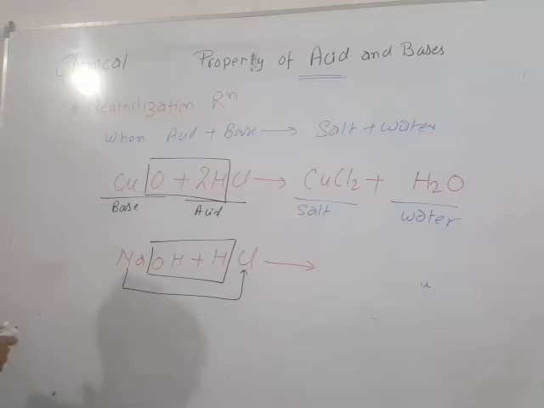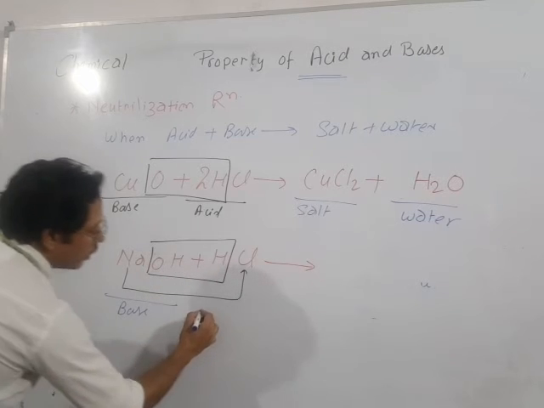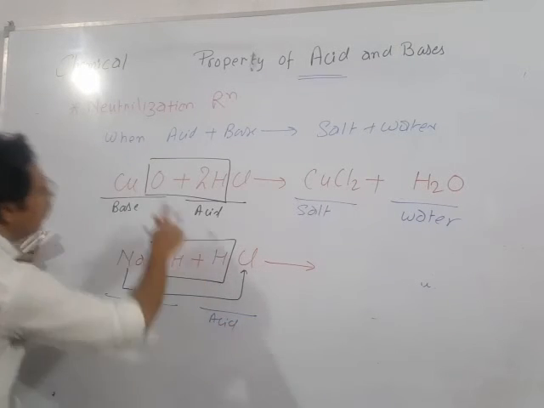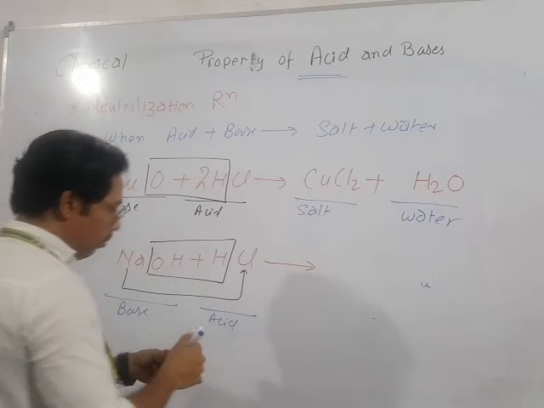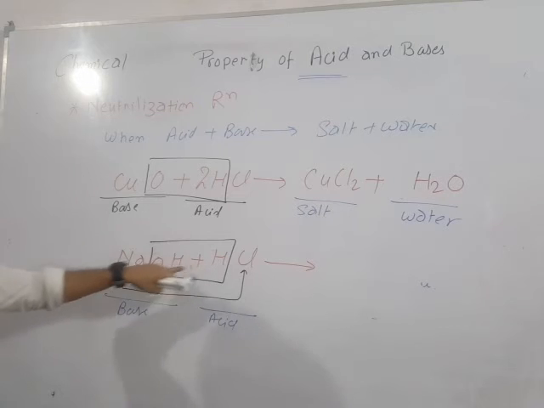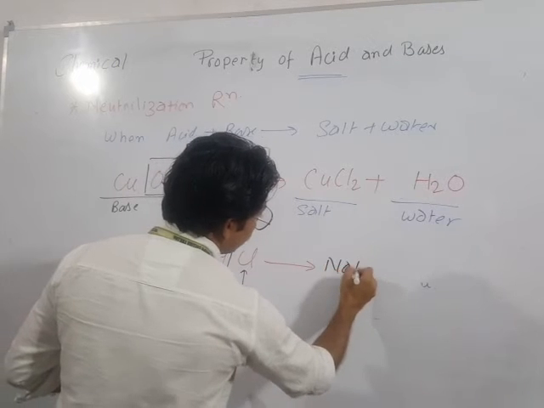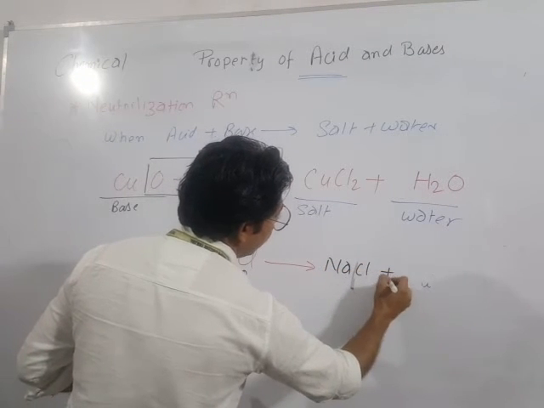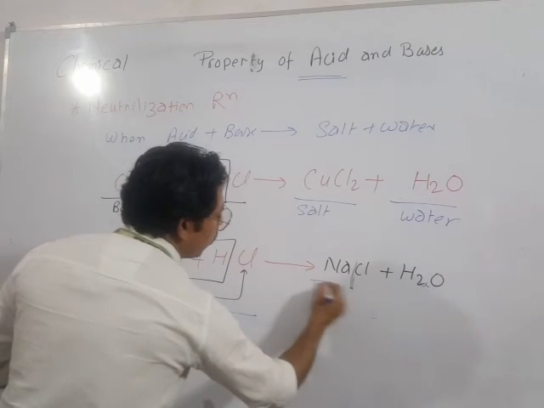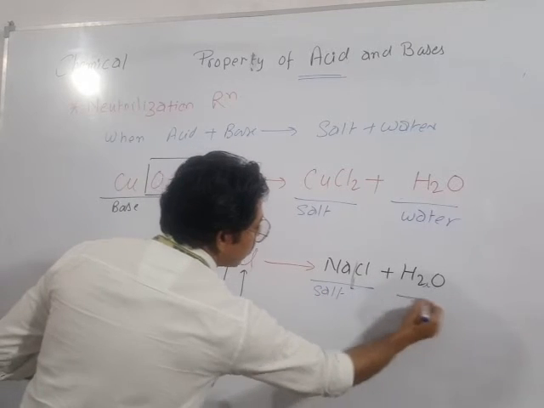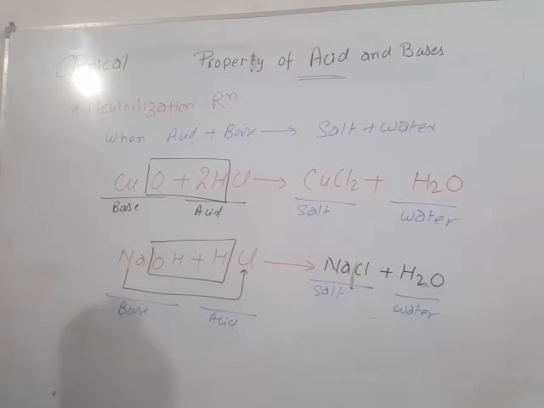This is the base, and this one is acid. And you know very well, when acid and bases react together, they form salt and water. So here you can see this is water and this is salt, NaCl, sodium chloride, plus H2O. It is clear? Yes or no?